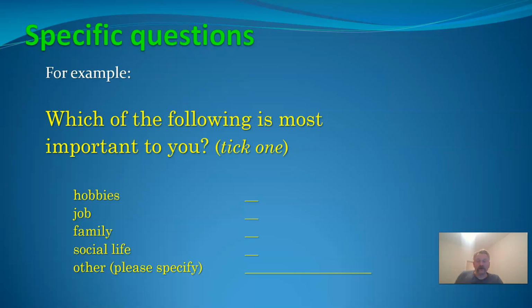And so you can tick one, or you can even write in here something that is specific to you, something that doesn't correspond with those other things, but something that the individual then has the freedom to specify.